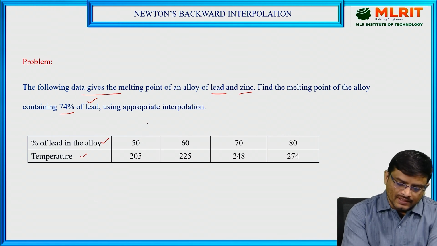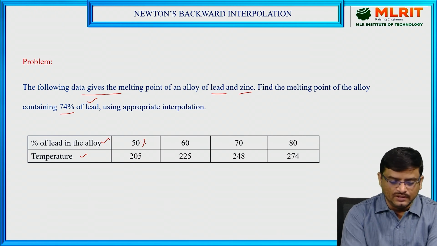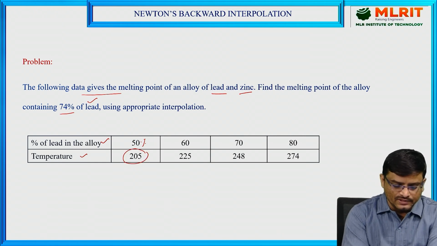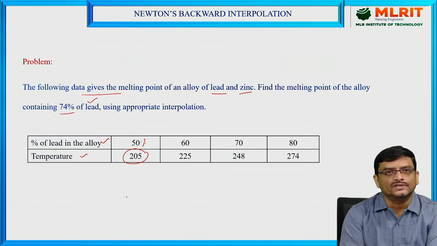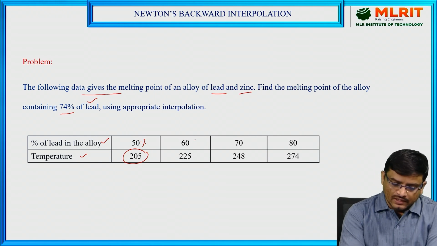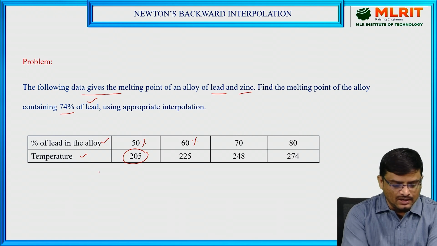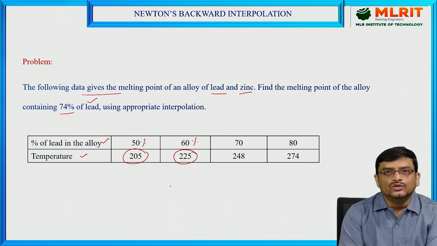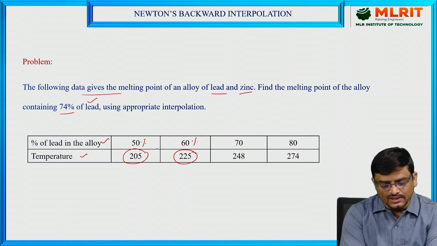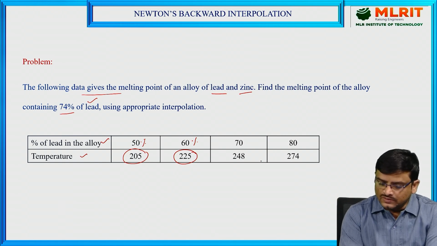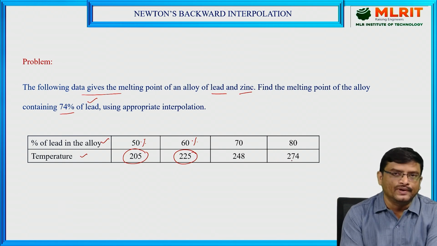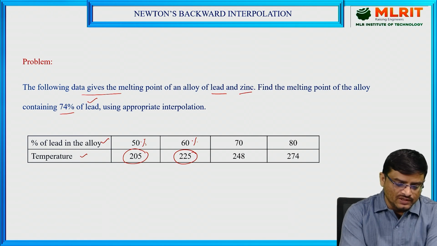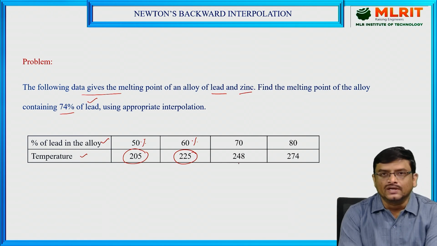If you want 50% of lead in that alloy, we have to maintain the temperature at 205 degrees. And to get 60% of lead, we have to maintain 225 degrees. So like this, for each percentage of lead in that alloy, he has given the melting point, that is, the temperature.